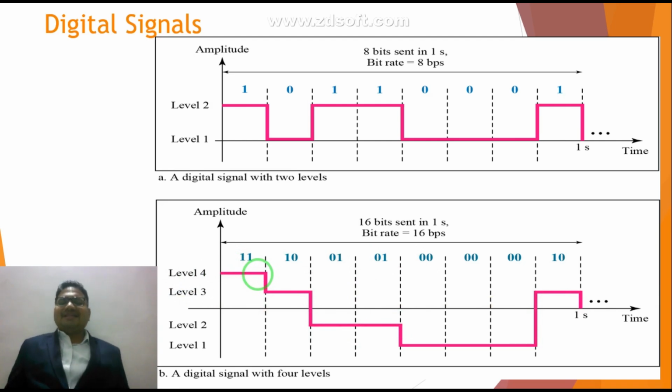So the number of bits per signal element could increase. Over here it is 2, but you can take 3 also. Then there would be 8 possible combinations, like 000, 010, 100, 110, and so on.